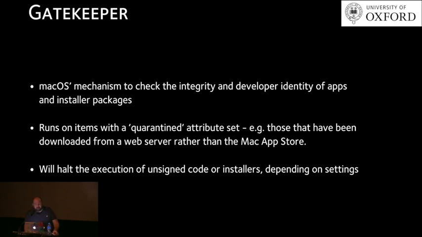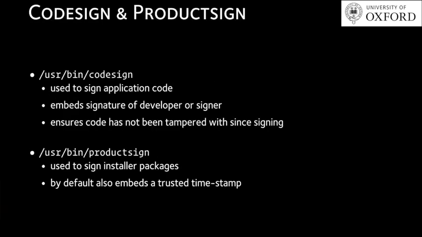Gatekeeper is actually the GUI front end of a command line tool called SPCTL, which you can explore at your leisure with man SPCTL. But basically it's macOS's mechanism to check the integrity and the developer identity of apps and installer packages. It runs on items with quarantine attribute sets, so things that you've downloaded from a web server will trigger Gatekeeper, and it will halt the execution of unsigned code or installers depending on your settings and system preferences.